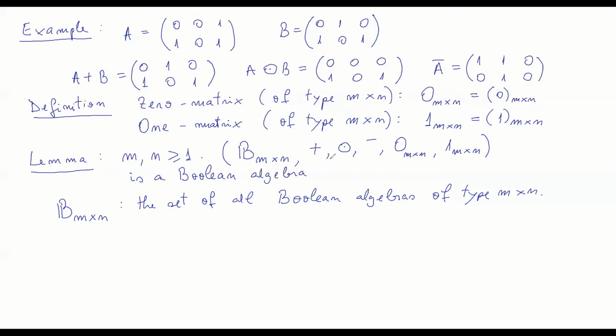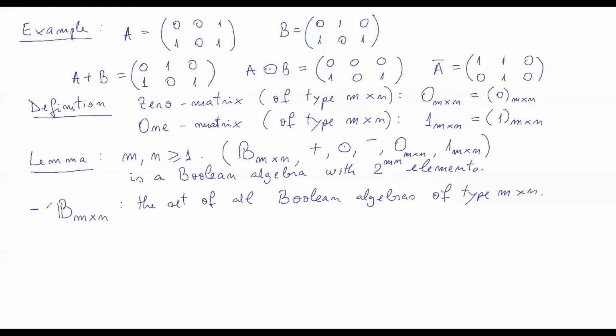Obviously it's a finite Boolean algebra because I only have M times N entries, and each one of them can only have two different values, 0 or 1. So altogether, this is a Boolean algebra with exactly 2 to the power M times N elements. I don't prove it here.